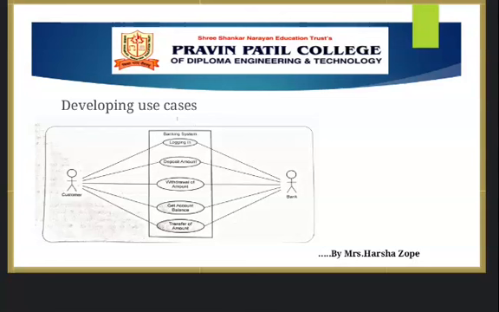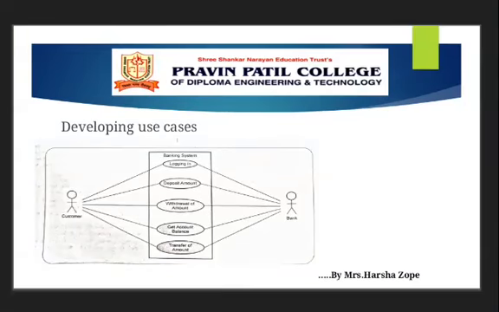This is a use case diagram, and inside that ellipse you have to write the activities that a particular actor will do. In this way you can draw the use case diagram for hospital management system also.